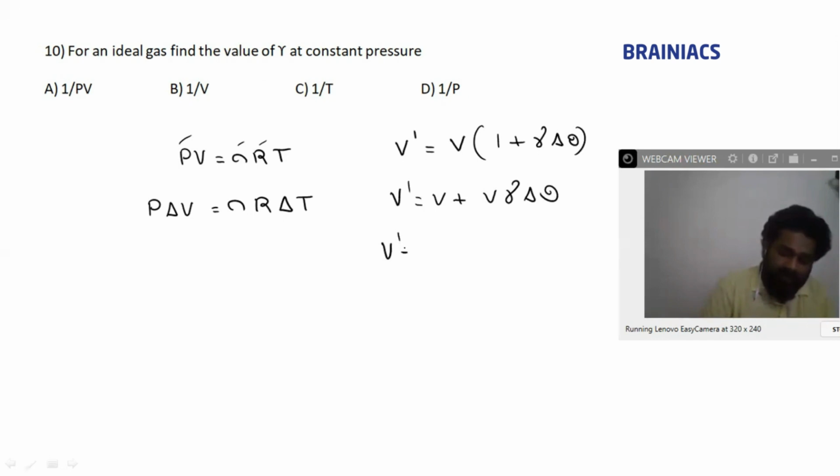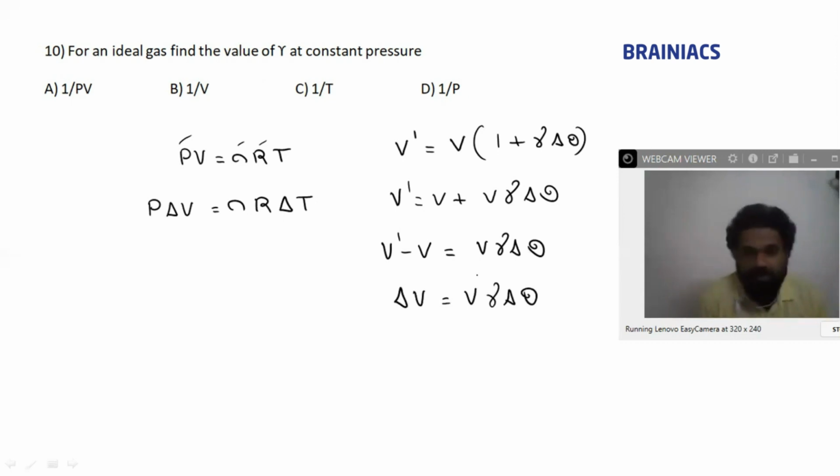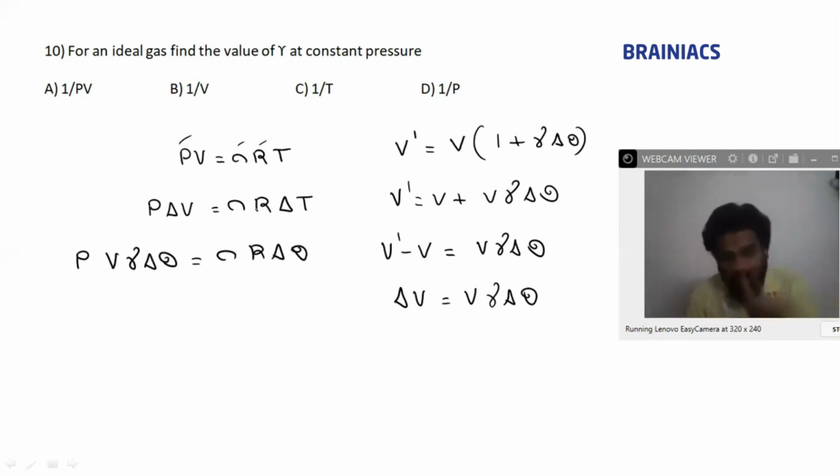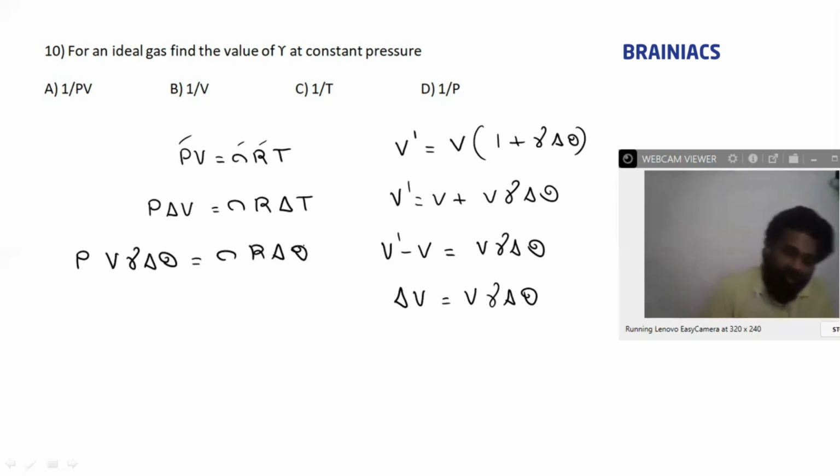The change in volume, V dash minus V, is V gamma delta theta, where V is the initial volume. So I am going to substitute: P into delta V, which is V gamma delta theta, is equal to nR delta T. Delta theta and delta T are both the same, the change in temperature, so we can cancel it.